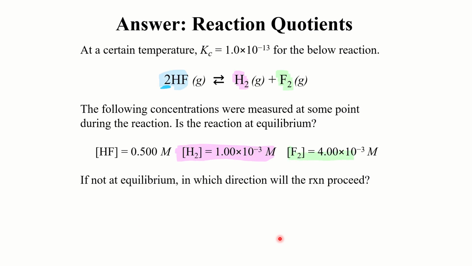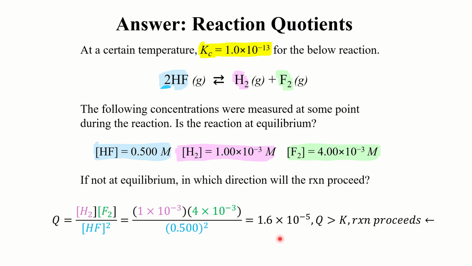We need to start by writing a Q expression. Sorry, all the work appeared at once here because I couldn't animate the equation, but let's go one piece at a time. So Q is going to be equal to the concentration of H2 times the concentration of F2 divided by the concentration of HF squared.